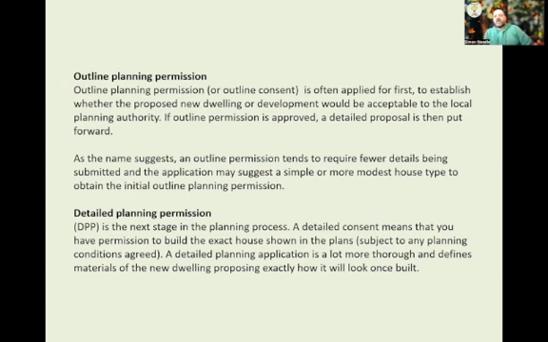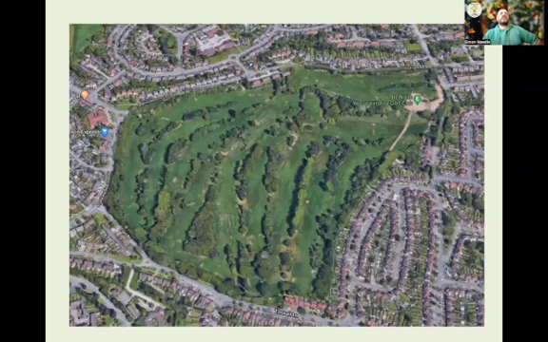Then there'll be some outline consents for the building plots, and then detailed planning permission, which will show you all the facades, the detail of the buildings, the exact layouts, how it's all going to work. That takes a lot more detail, and defines the materials of the dwellings, and how it all looks.